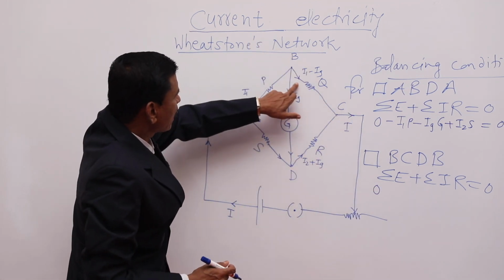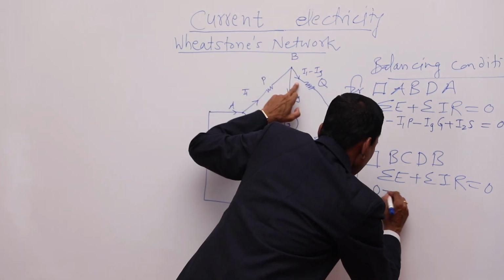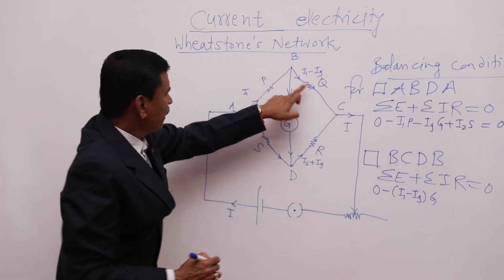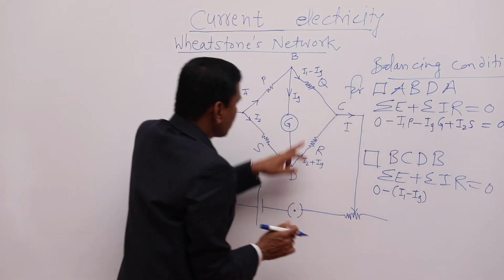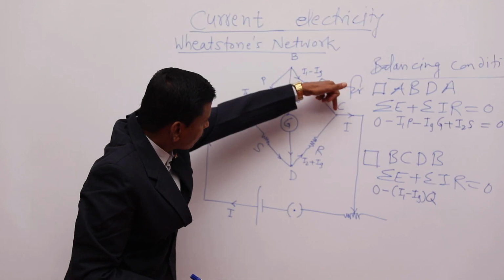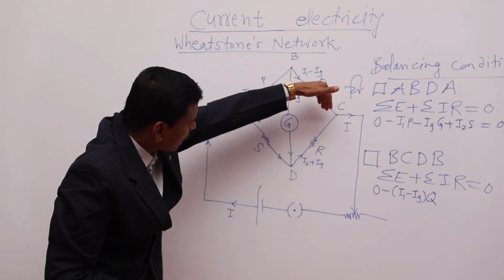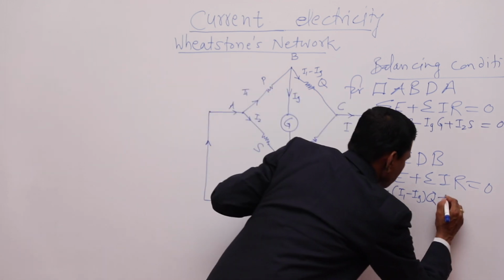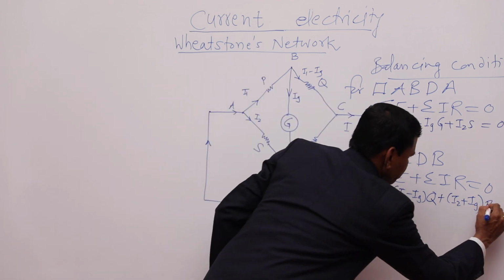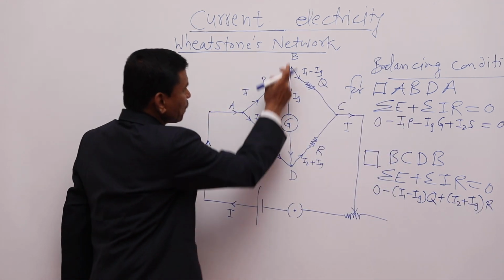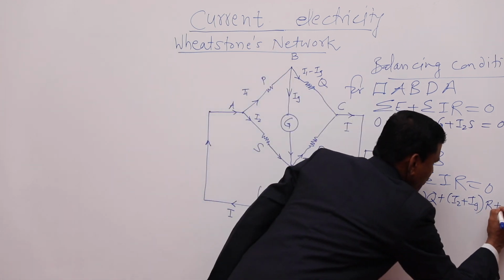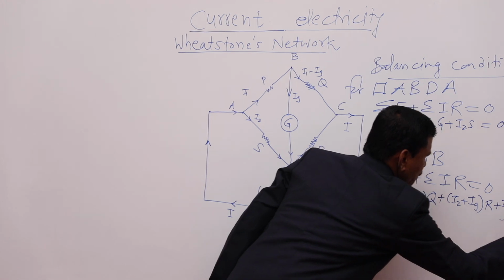From B to C we are traveling in the direction of current. So minus (I1 minus Ig) Q. Then traveling from C to D in the opposite direction of current, so plus (I2 plus Ig) into R, and traveling from D to B in the opposite direction of current, plus IgG, equal to 0.